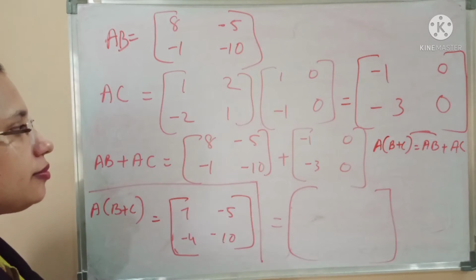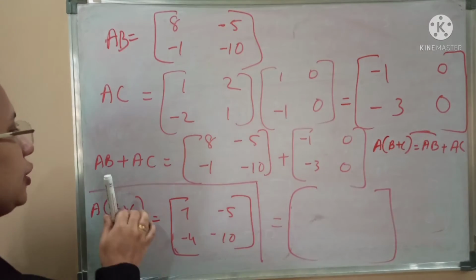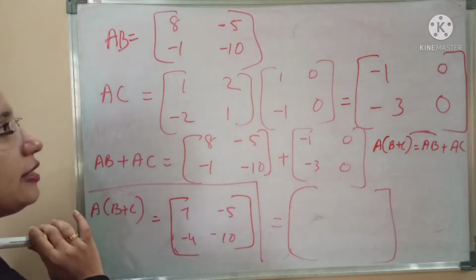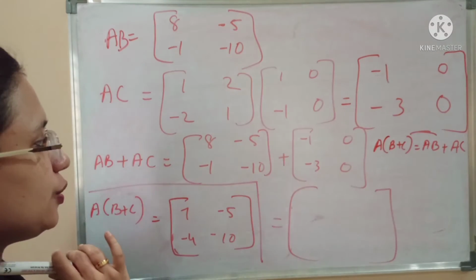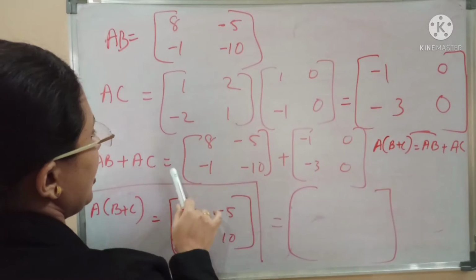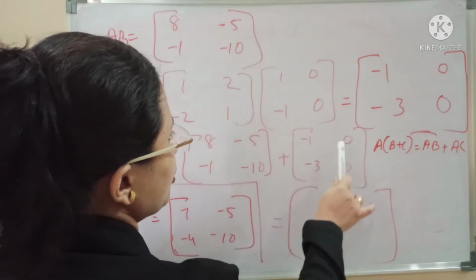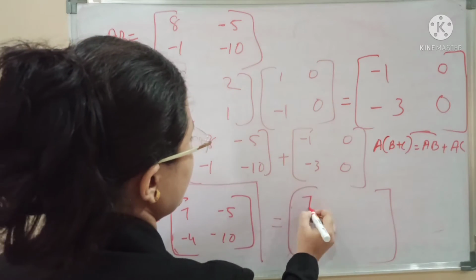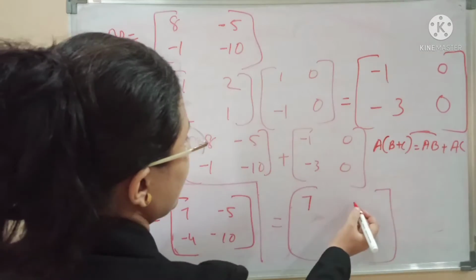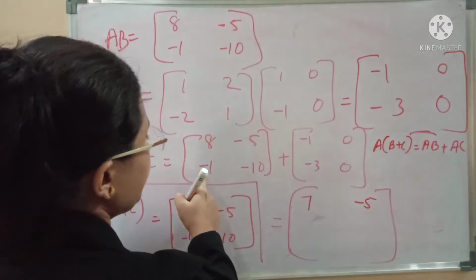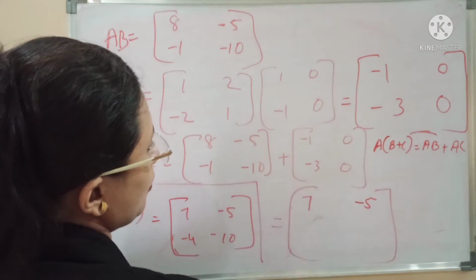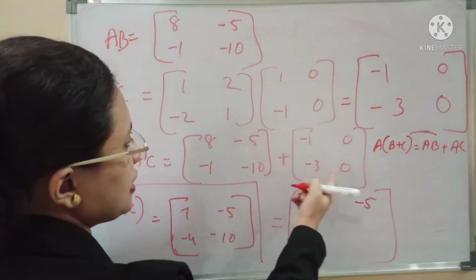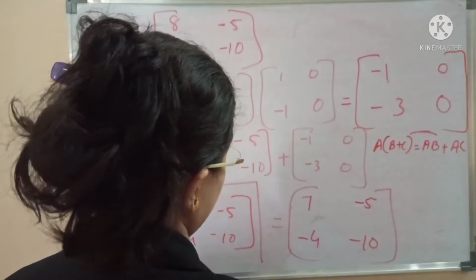Okay, now we need to add AB matrix with AC. So AB matrix is this, AC matrix is this. Add them. So 8 plus minus 1 is 7, minus 5 plus 0 is minus 5, minus 1 plus minus 3 is minus 4, minus 10 plus 0 is minus 10.